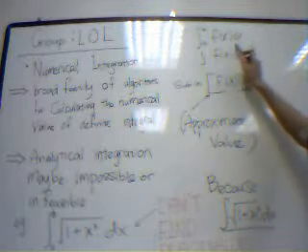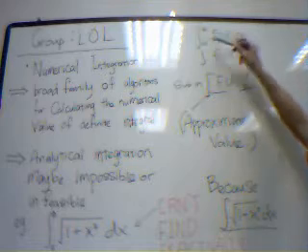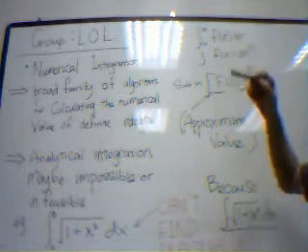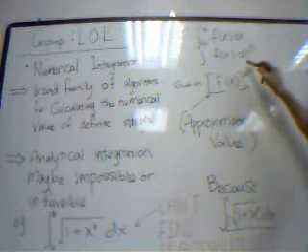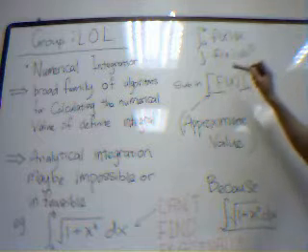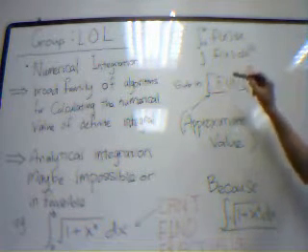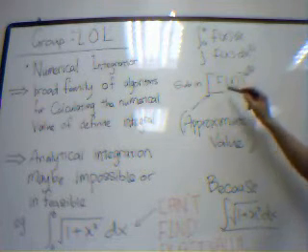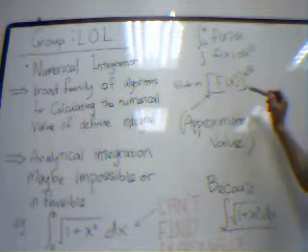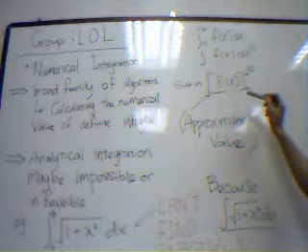First, we write down the upper limit and the lower limit that we want to integrate from the curve. Then second, we find the integration of the function, and then we substitute the upper limit and the lower limit of the curve.